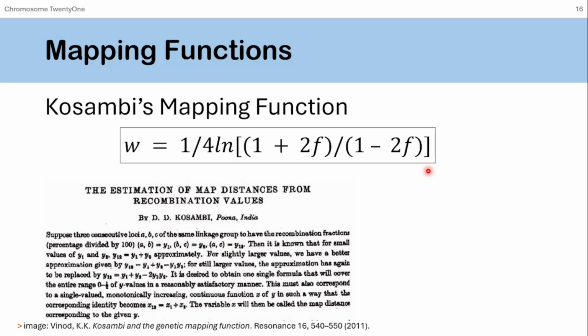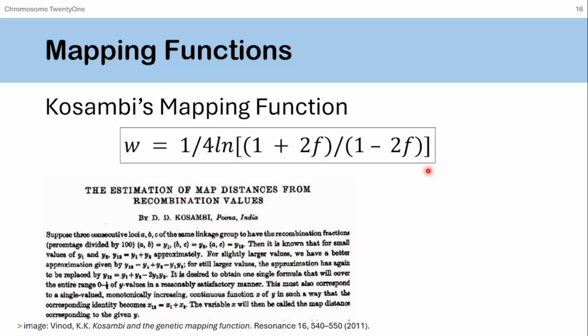As you increase the distance between two points, the chiasma formation probability also increases. Due to this inhibition of adjacent chiasma formation, a double crossover is very improbable, and that is why we have to take account of that as well.